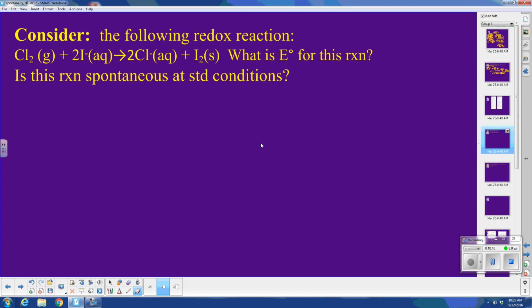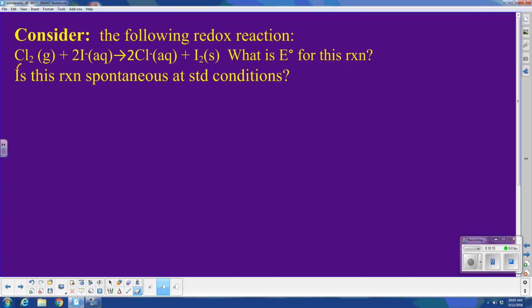All right, so first thing I have to do is figure out what is oxidizing and reducing. 0, -1, going to -1, and 0. Looks like my chlorine is reducing, and my iodide is oxidizing. So that means I'm going to have my E° equal to the standard reduction potential for my chlorine minus the standard reduction potential for my iodine, right?